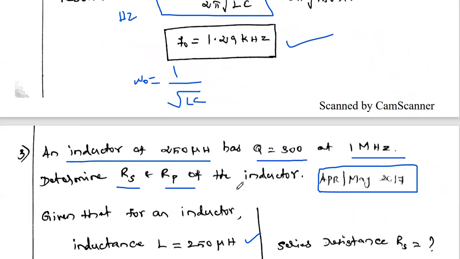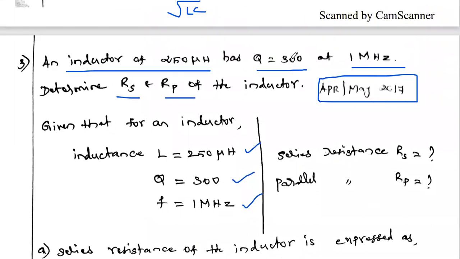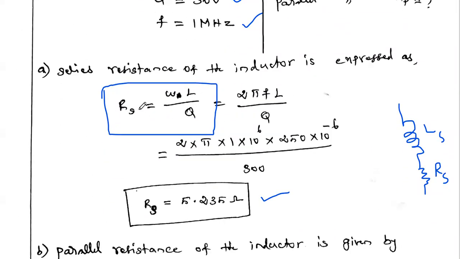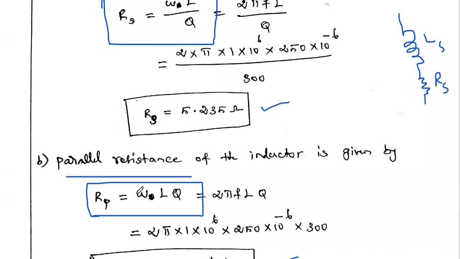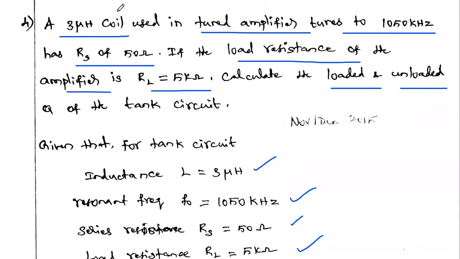This is the second formula. Then third one, if the inductance and quality factor is given, means how can you calculate the series resistance and parallel resistance? Okay, so the series resistance formula is omega L by Q. Parallel resistance formula is omega L into Q.